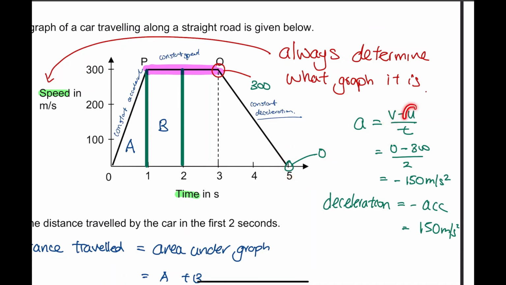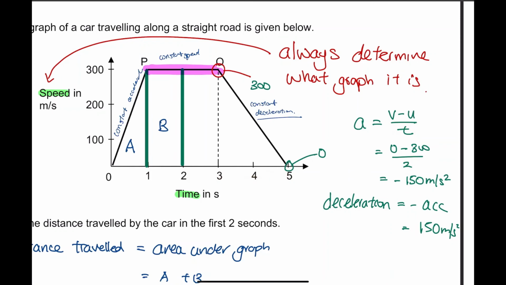My initial velocity is 300. It's at the part down here whereby they tell me that's my initial speed, 300 meter per second. After which we plug in the value 300 down here. So it's 0 minus 300. The time taken is just the total time that we take to decelerate from 300 meter per second to 0 meter per second. It gives me 2, because 5 minus 3 is 2.